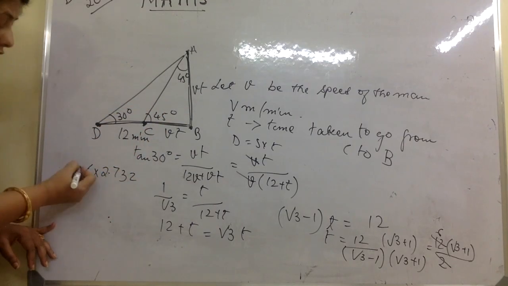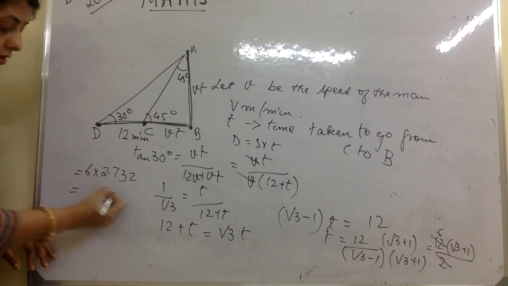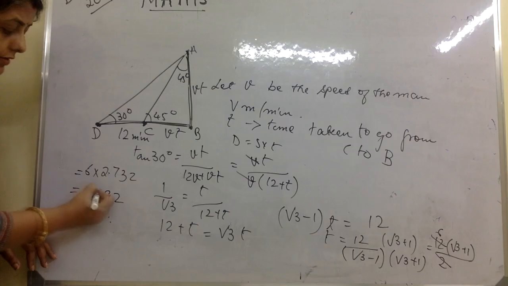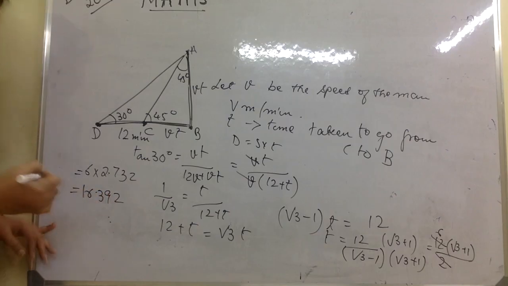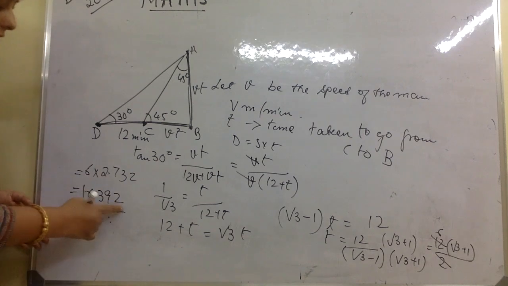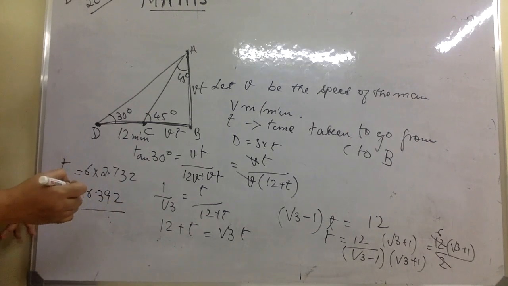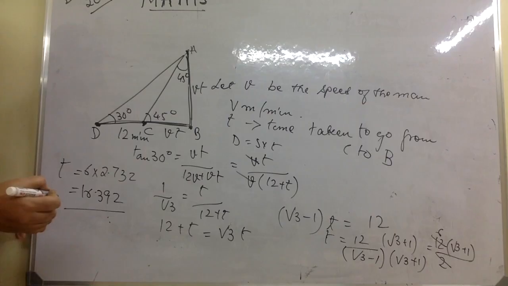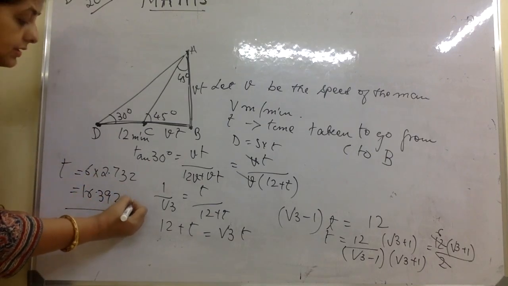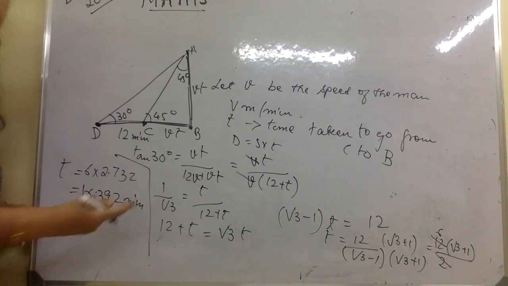If you want to write 2, you can. So that is 16.392. Time is 16.392 minutes. Please don't forget to write minutes.